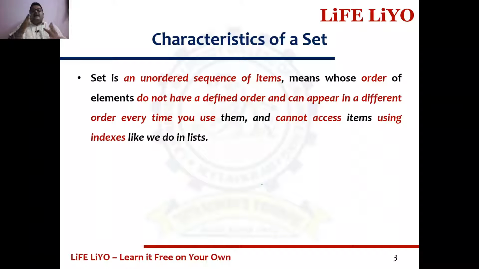But in a set, we do not have any order while accessing the elements, because set elements are arranged in a random manner. For example, if you create a set with 9, 7, 3, let us assume it is x.